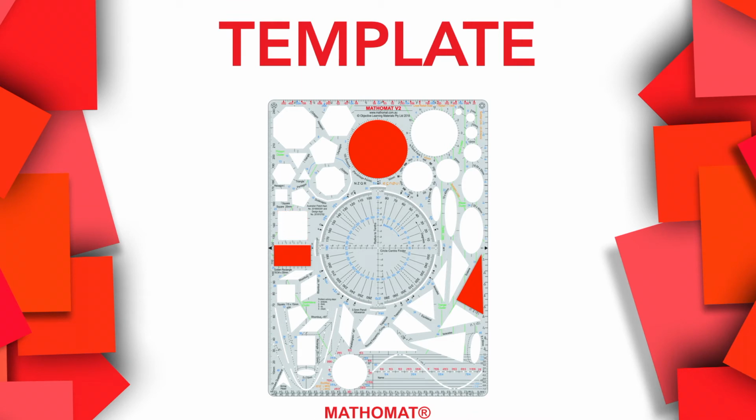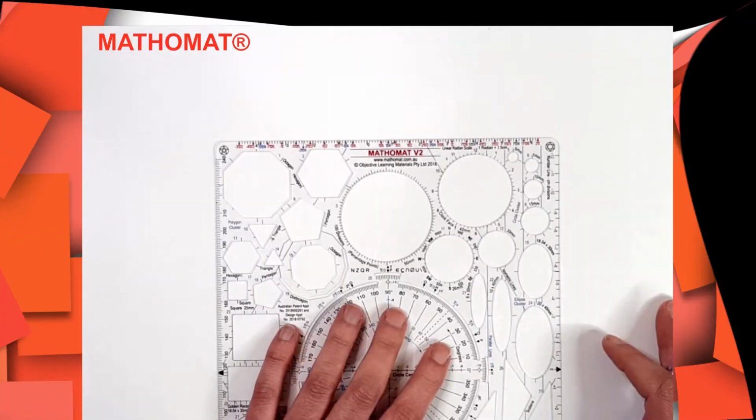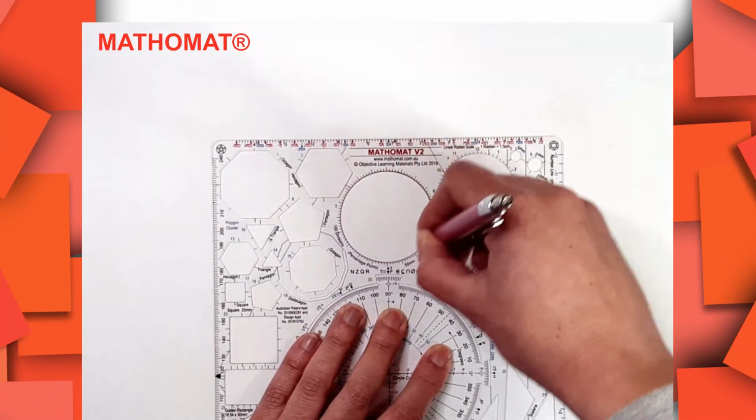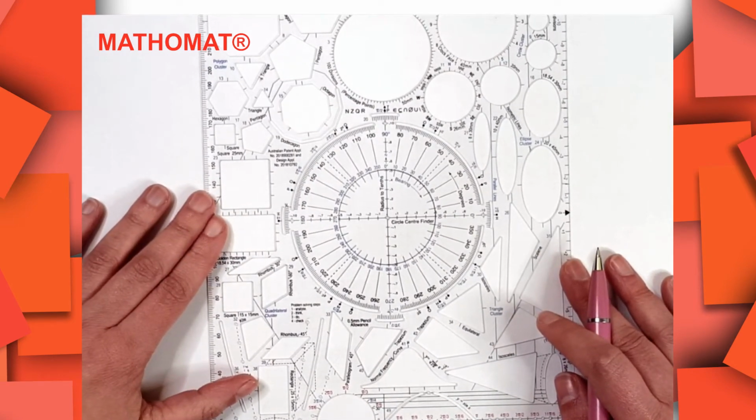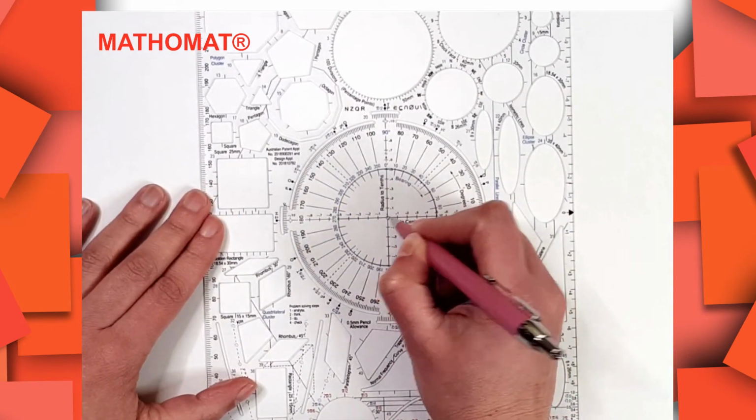There are more ways to prove this 90-degree angle in Euclidean geometry. We'll be using the square, the rectangle, shape number 3, the circle, and also the scalene right-angled triangle. Are you ready to follow along? I'm drawing my circle and I'm going to position my circle center finder over it so that I can get the midpoint of the circle.